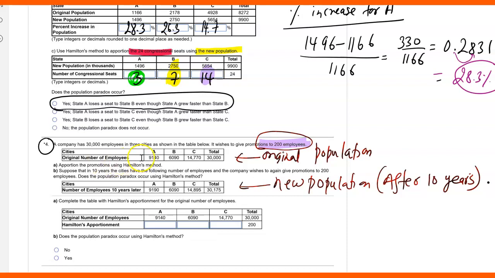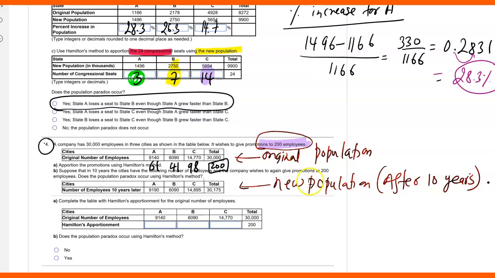If you do the Hamilton for the original population, you get this: 61 for A, 41 for B, and 98 promotions for C. Total is 200, obviously, correct?